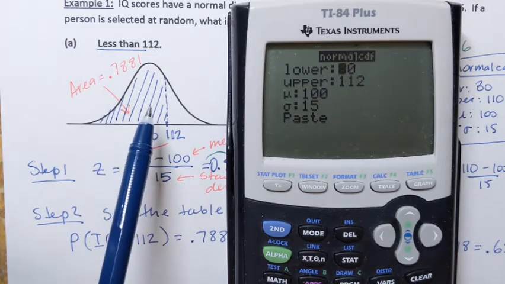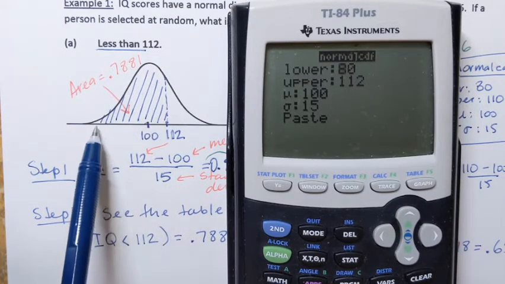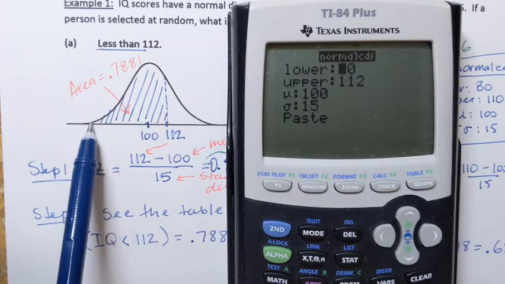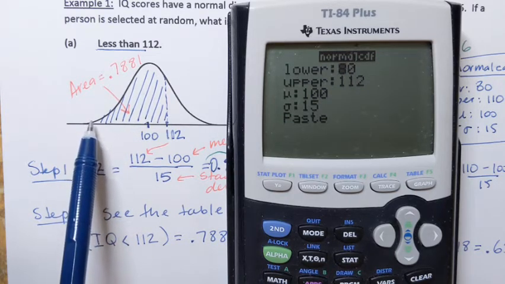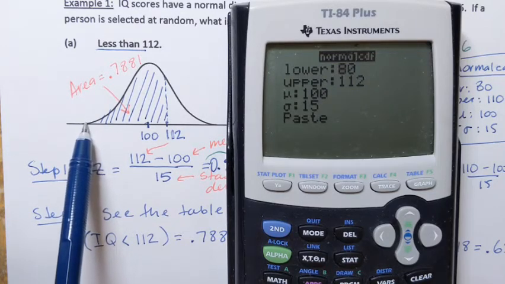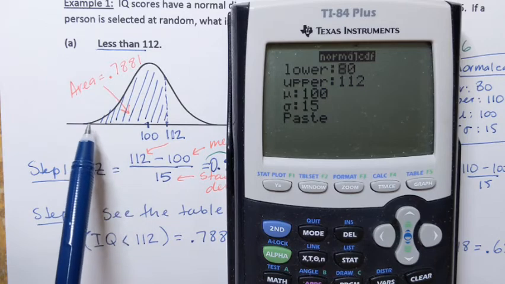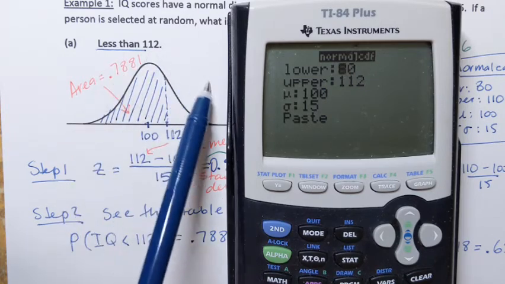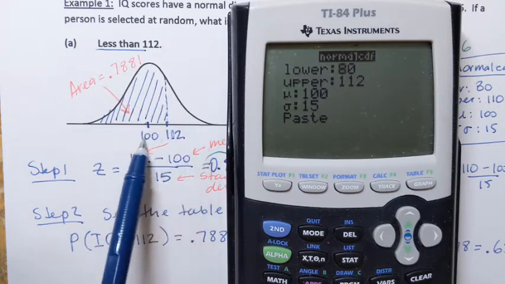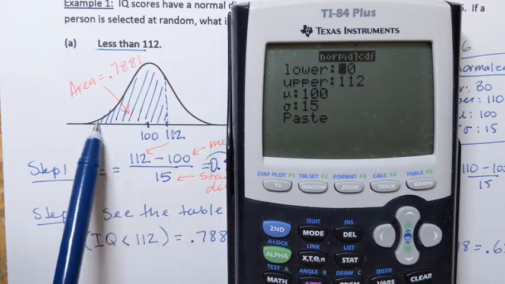Well, keep in mind that even though on my picture it looks like the normal curve hits the horizontal axis, in reality, it never does that. So the normal curve always stays above the horizontal axis. It's getting very, very close to it, so the majority of the area, almost 100% of the area, is all over here.